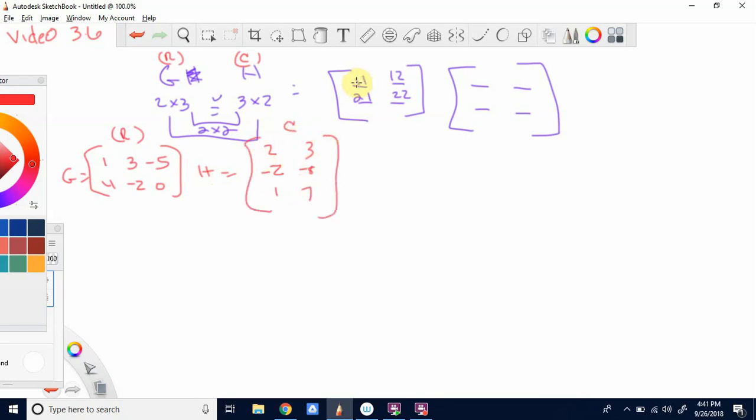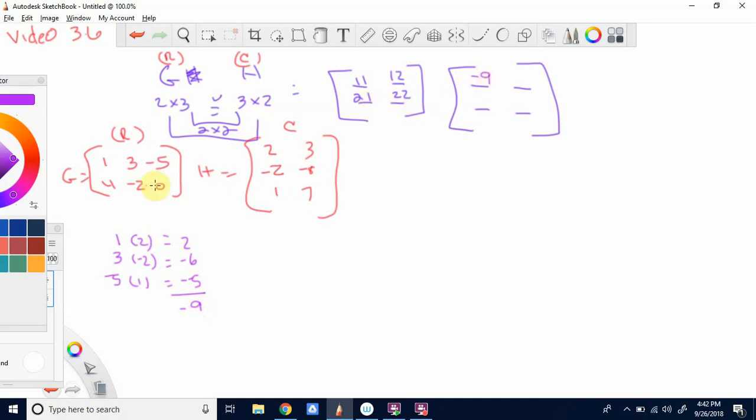So row 1 is 1, 3, negative 5. Column 1 is times 2, times negative 2, times 1. We have 2, negative 6, negative 5. Take the sum, negative 11, so it's negative 9. So that's going to go right here.